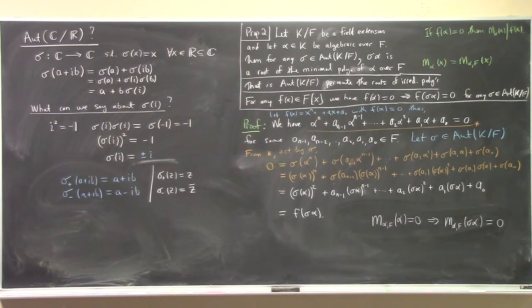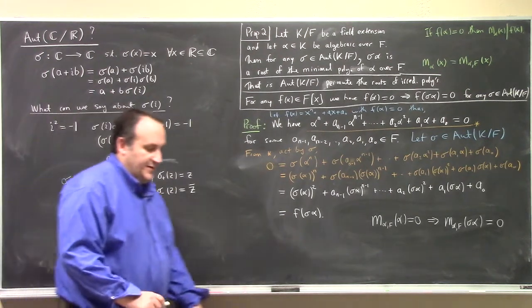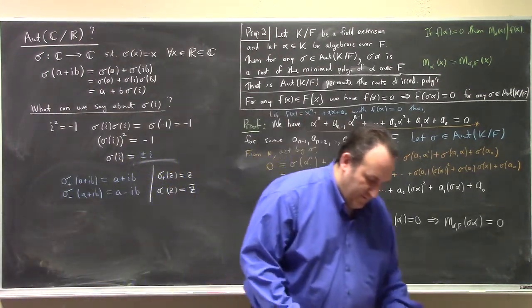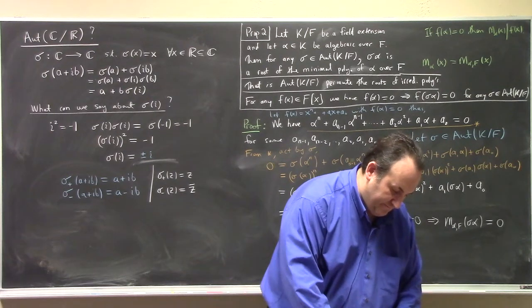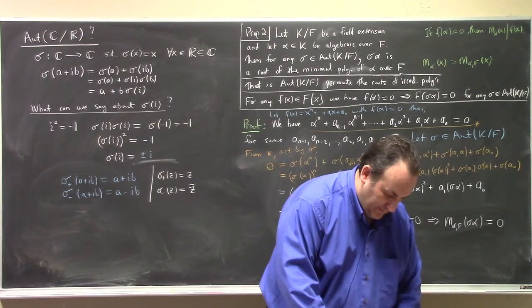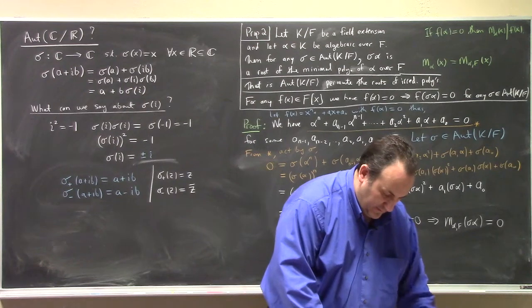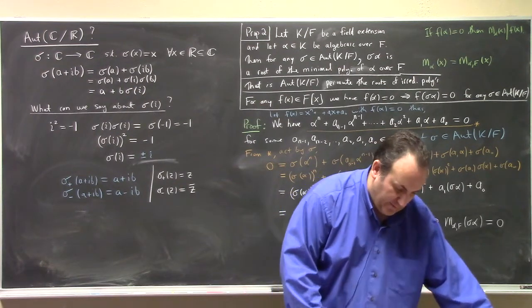So the automorphisms of the complex numbers which fix the real number subfield, there are just two of them, either the identity map or complex conjugation. So in fact, complex conjugation is really our first example of what's called a Galois conjugate, which we'll define more carefully in a minute.